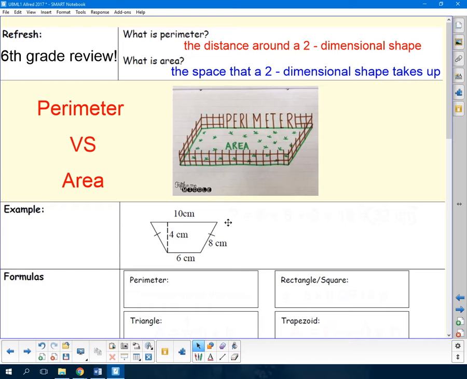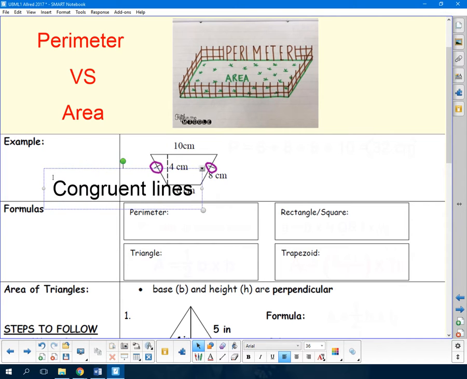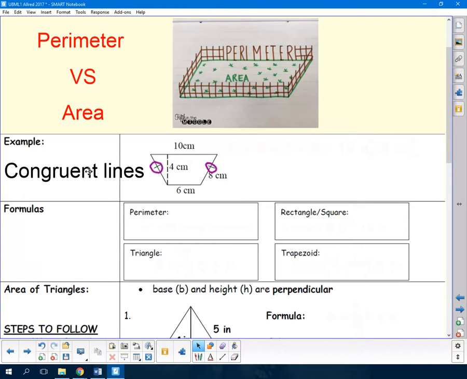We're going to talk about some different formulas here in a second. If you want to find the perimeter of this trapezoid right here, the first thing you need to know is that the little tick marks on the sides mean that those lines are congruent. That means that if this line is 8 centimeters, so is this line right here.